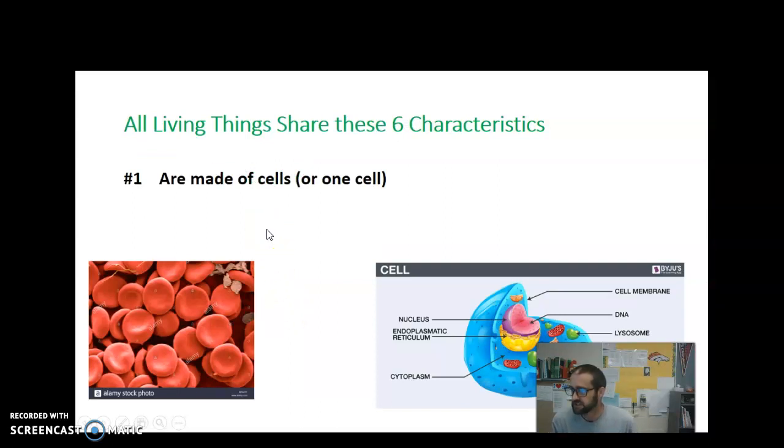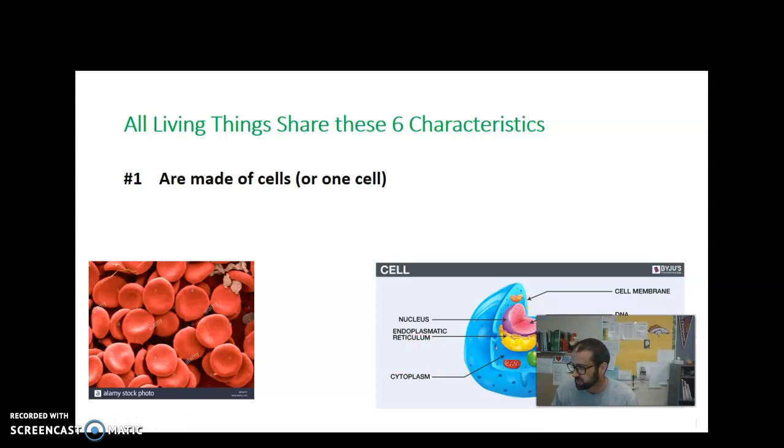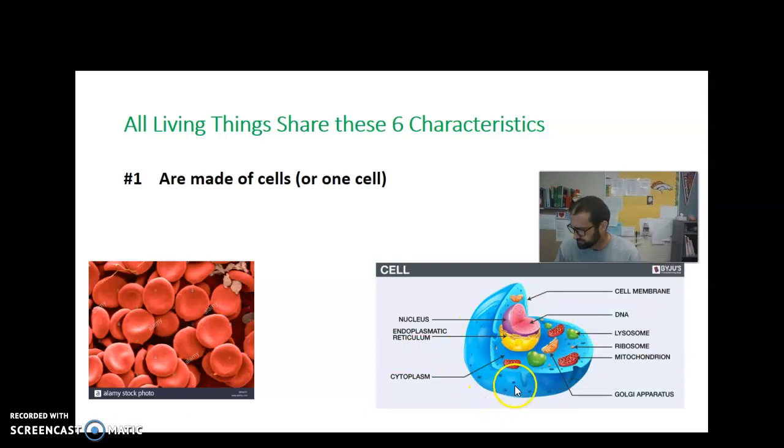So all living things, number 1, are made of cells or one cell. So here's an electron microscope image of red blood cells. Here's a computer-generated image of a basic cell. So let's say you're a bacteria.